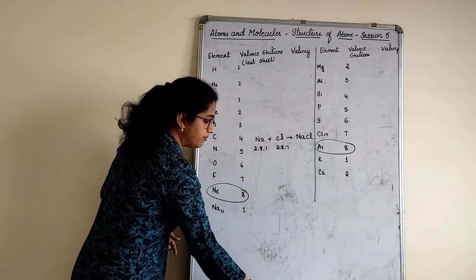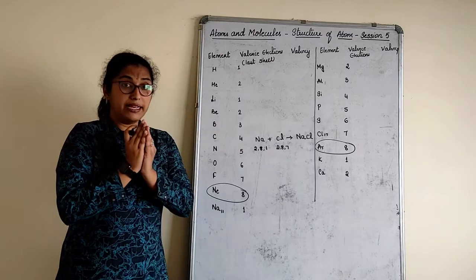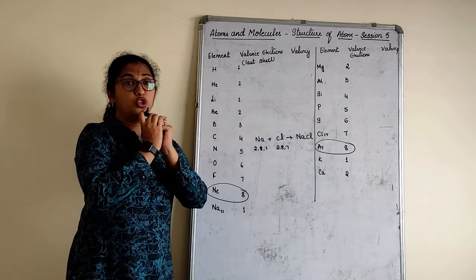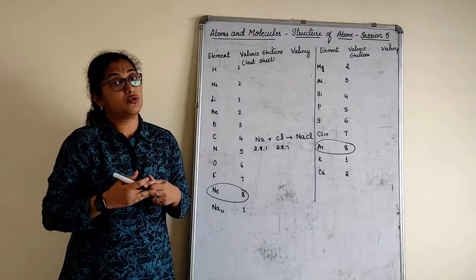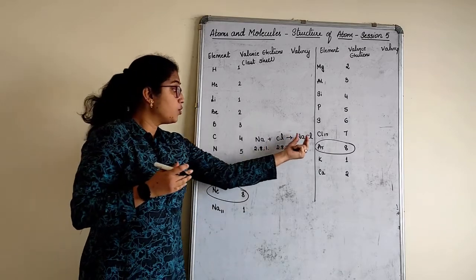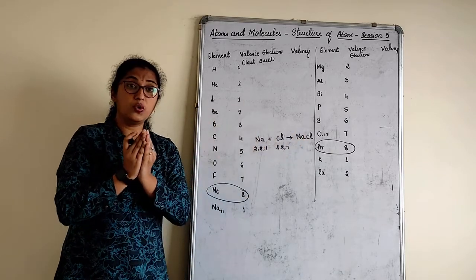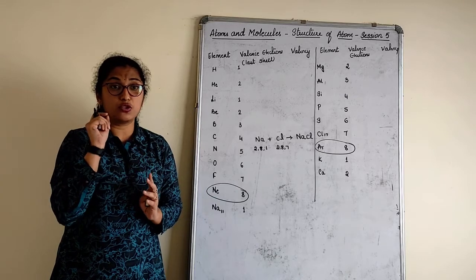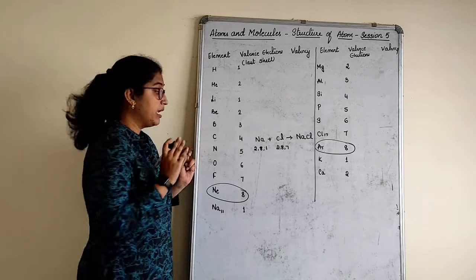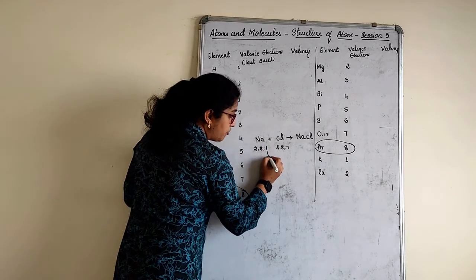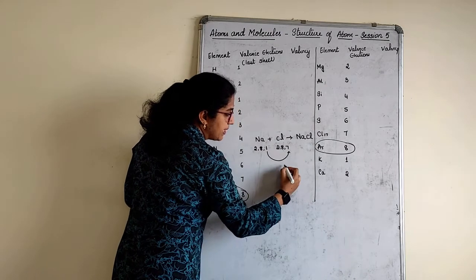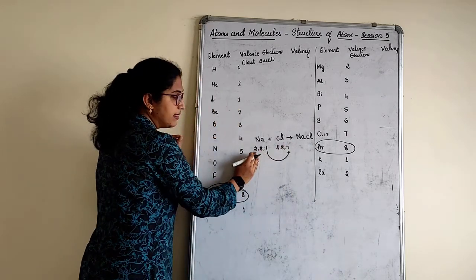Right? Now tell me, to combine this, either somebody has to donate an electron or somebody has to receive an electron, and it will form a structure only when it is stable. That means it has to form an octet structure. Now tell me, if I give 1 here, this will become 2, 8, and this will become 8.